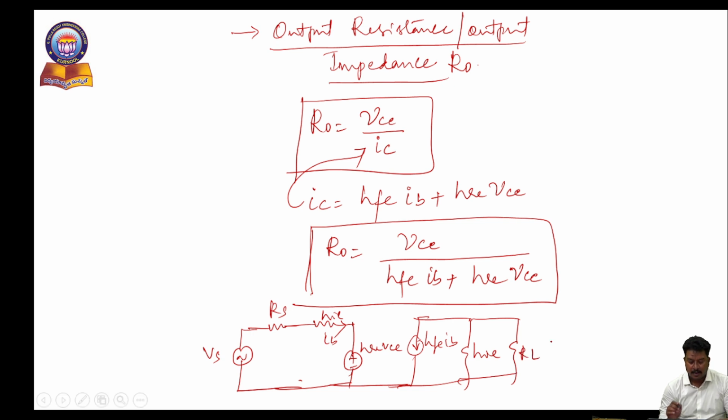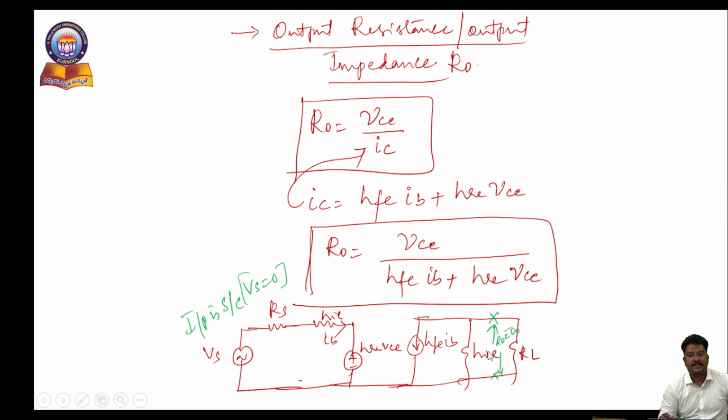If you want to find the output resistance of the amplifier, I have to apply one condition: the input must be short circuited, where Vs is equal to 0, and exclude RL.